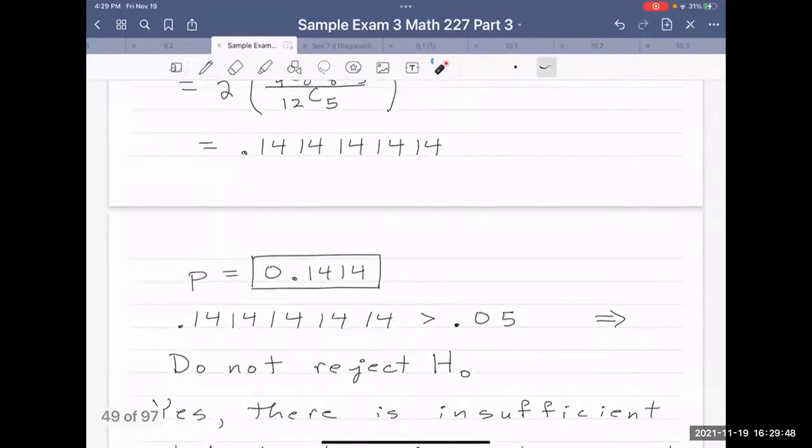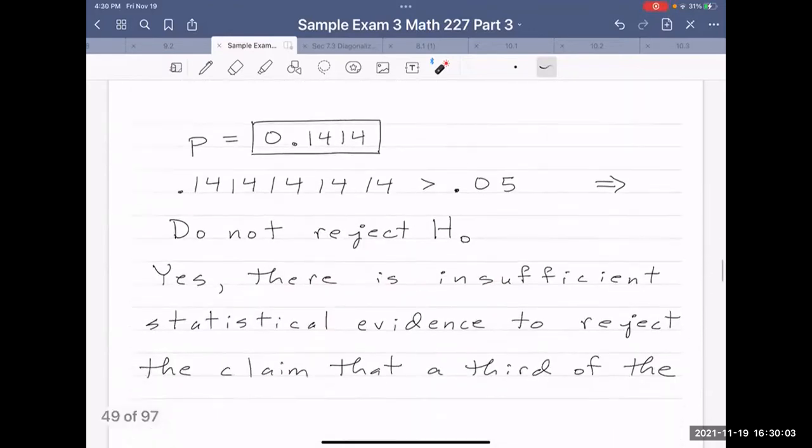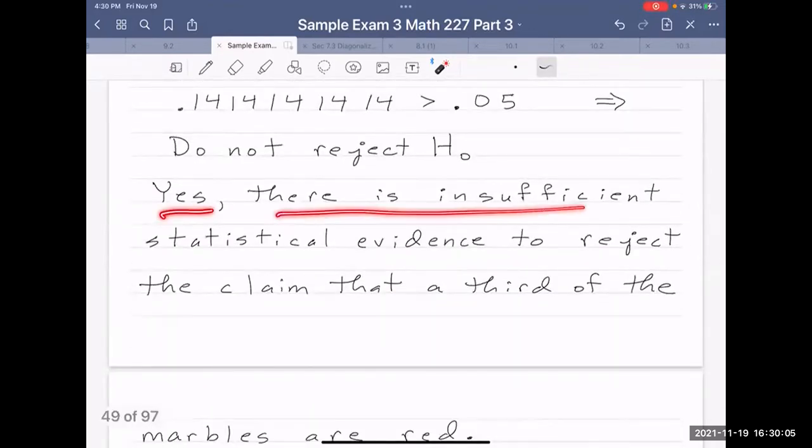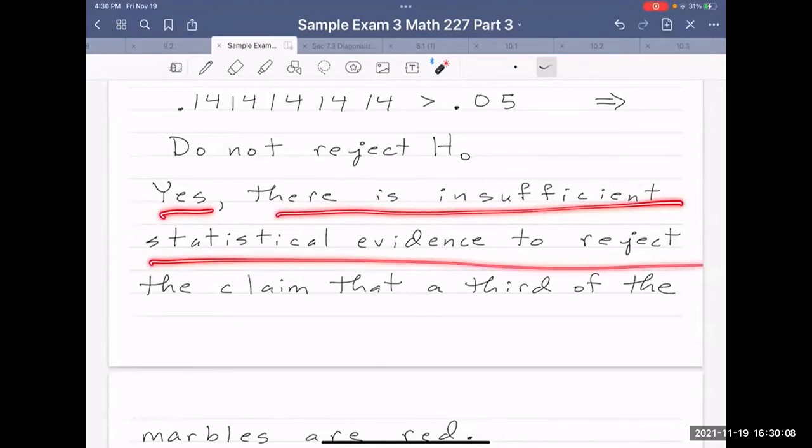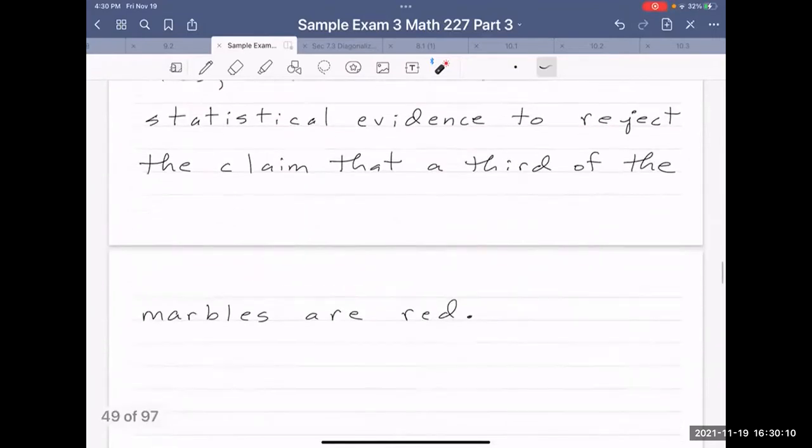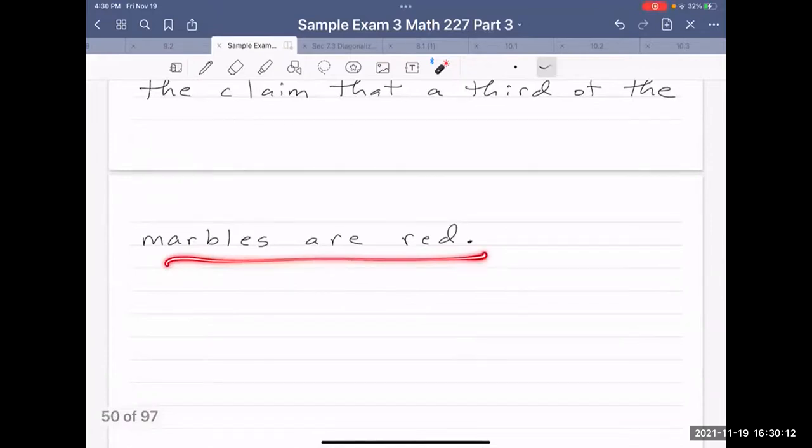And so the p-value, rounding to the nearest 10 thousandths, is 0.1414, which is greater than 0.05. So you do not reject the null hypothesis. So there is insufficient statistical evidence to reject the claim that a third of the marbles are red.